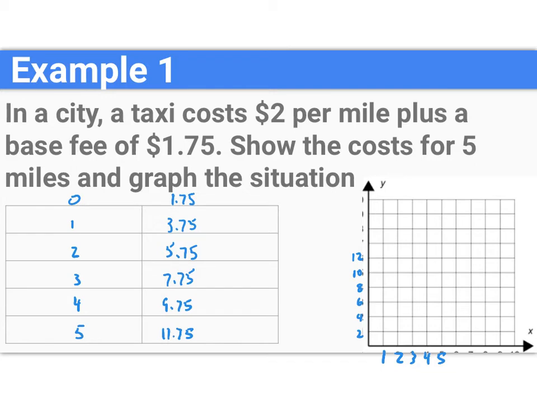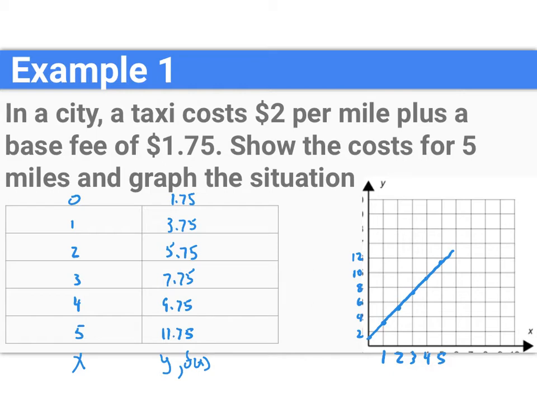So at 0, we're at 1.75, just under 2. At 1, we're at 3.75, just under 4. At 5.75, 7.75, 9.75, and 11.75. And that's how we would graph it. You graph it using your table of values. Your x is always on the left, and your y or your f of x, they're the same thing, is always on the right, on a vertical table of values.